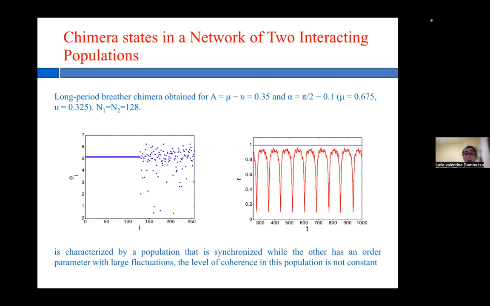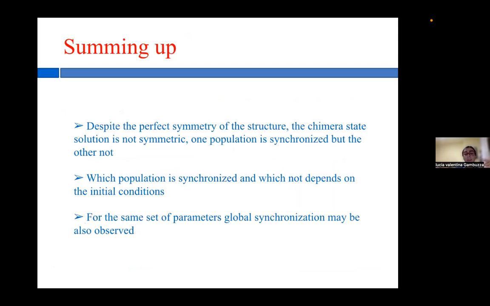So this is the way in which we can observe the concept of chimera state, and in particular, the most fascinating characteristic of this state is that we can obtain it starting from a perfect symmetry in the structure.